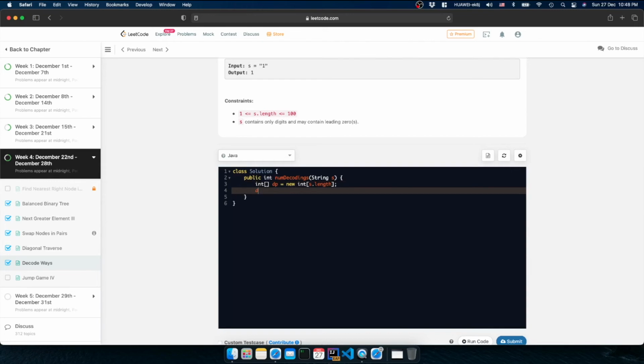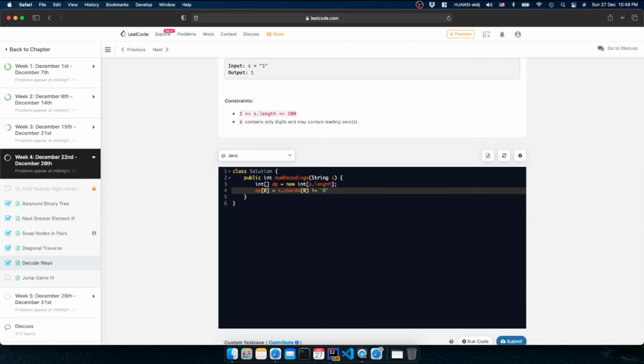Now let's see what will be the first answer, for the ways to decode a string of length 0. So if I say the first character is not equal to 0, right?